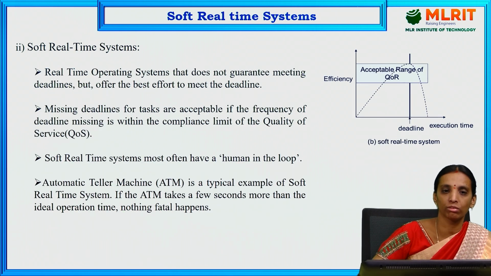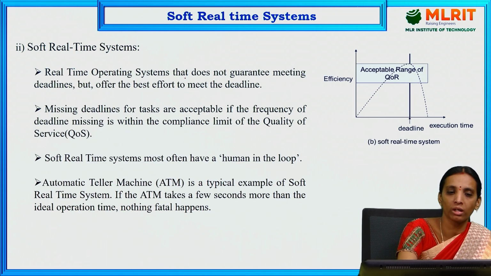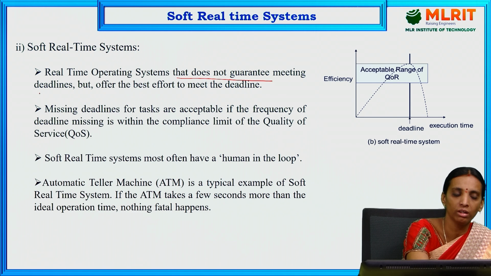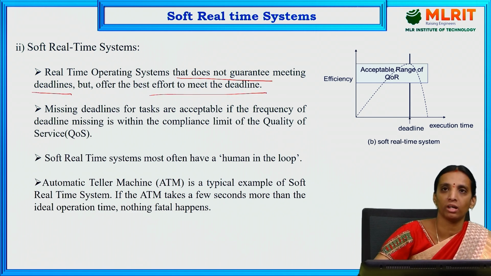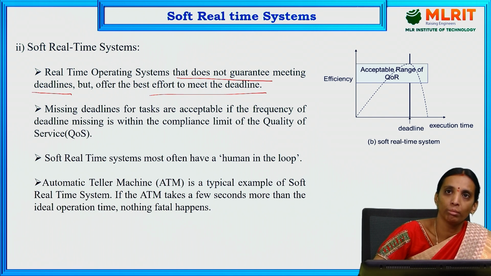And the next one is soft real-time systems. Soft real-time systems do not guarantee that the deadlines will be met, but offer the best effort to meet the deadline. They try to meet the deadlines by putting in their best effort, but meeting them is not guaranteed. The performance will be good in these systems, but they may not meet the deadline.